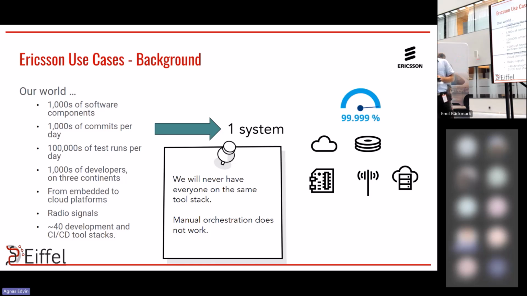And nowadays we need to deploy things in the public cloud as well. But our thinking there, and I know Magnus was into this as well, is we will never have the same tool stack for everyone. Not for all developers, not for all CI/CD systems in our massive solution. And manual orchestration obviously doesn't work better.